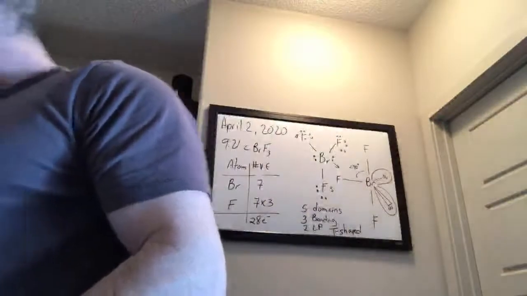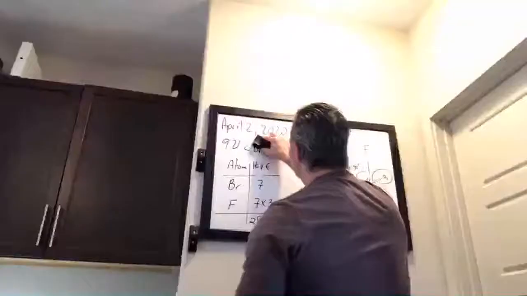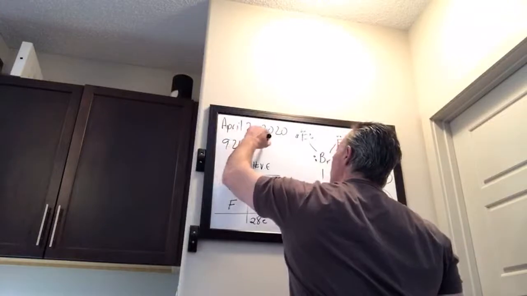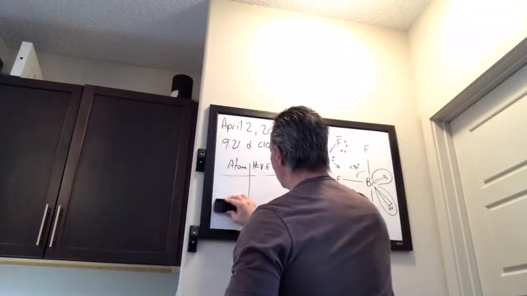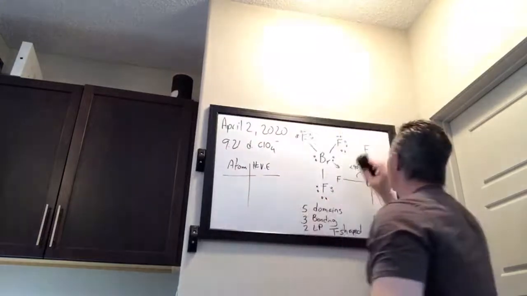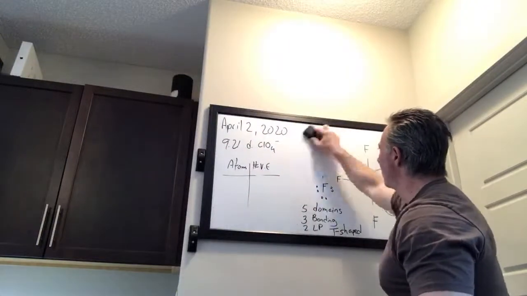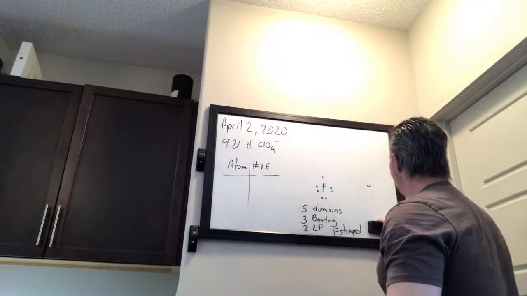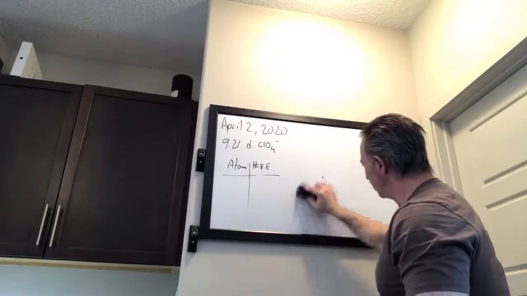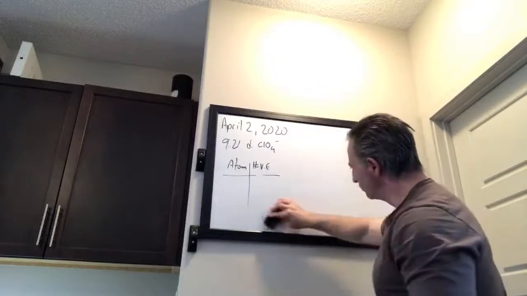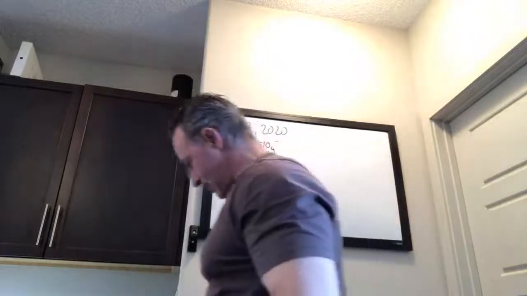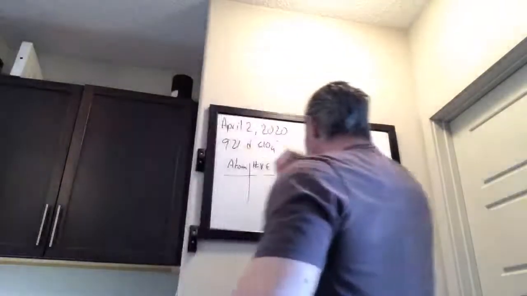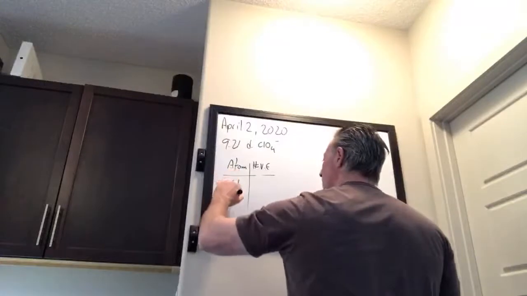Okay, C, that's done now. Perchlorate is D. So we have chlorine, you have oxygen.